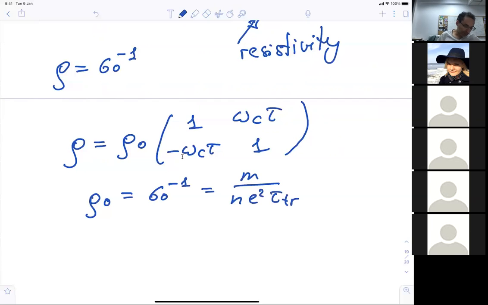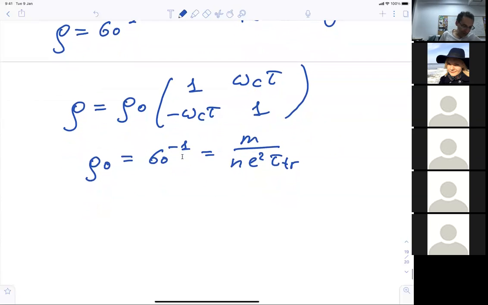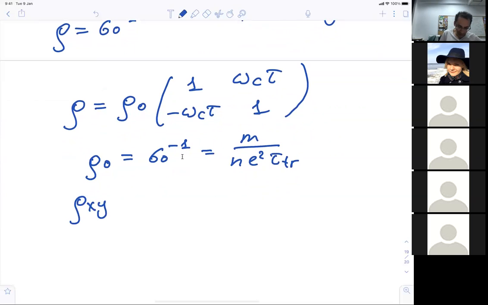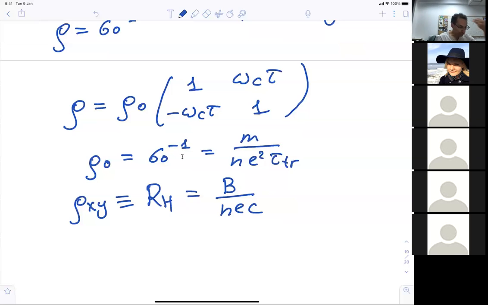So what do we see from here? We see that there is a component rho xy, also known as the Hall resistance, which is equal to B over n e c. Let me just check myself.